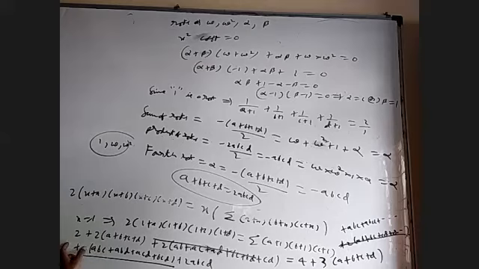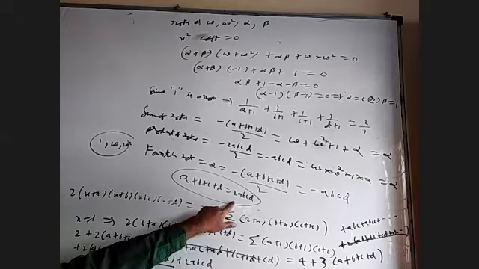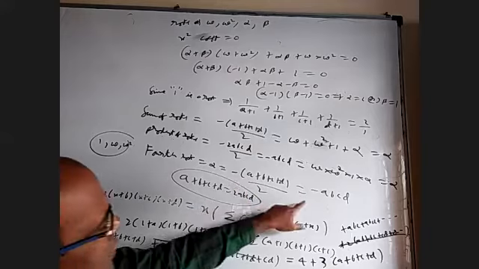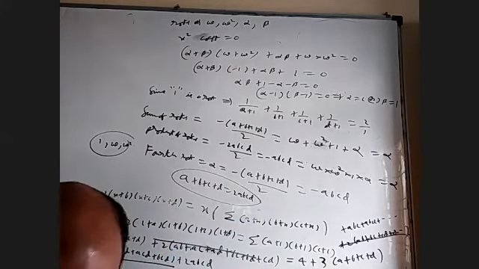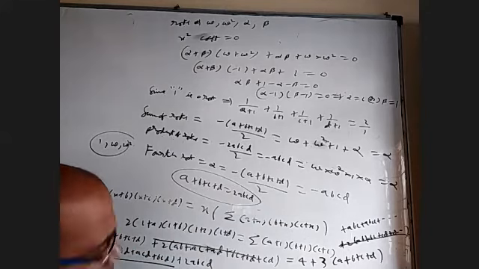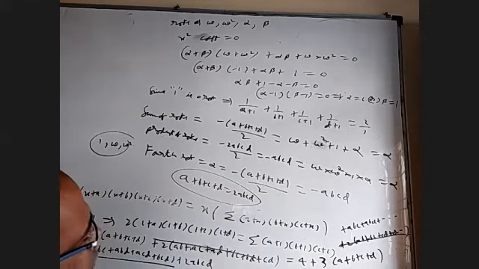If I want to get 2, these 2 should cancel. Is there a minus here for us, or both are minus here? Oh, this will go that side. It will get cancelled. You can see that.